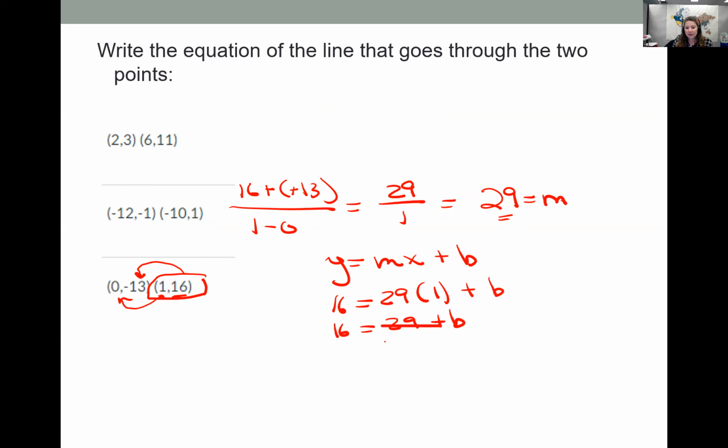Oh man, why does that do that? So I'm going to subtract 29 from both sides. So b equals what? What's 16 minus 29? -13. All right, so now we have everything we need. Our slope is 29, and our y-intercept is -13.